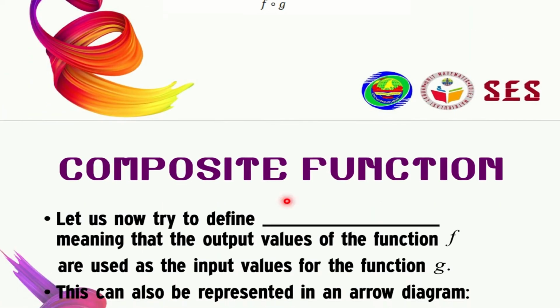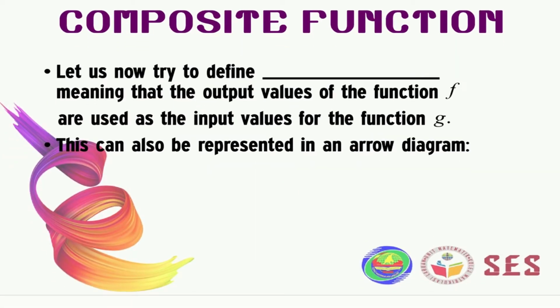Right, so let us now try to define the composition of g and f like this, equals g composed with f(x). Meaning that the output values of the function f are used as the input values for the function g.